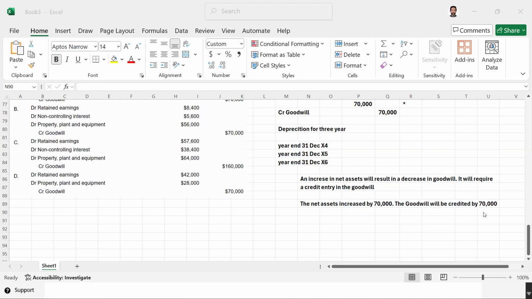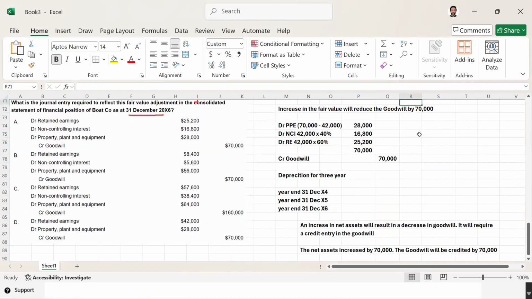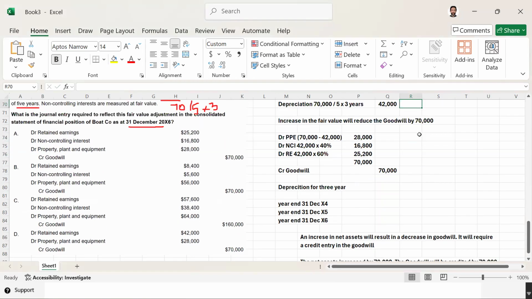Since we're not looking at the value at the end of 20x4, we're looking at the value at the end of 20x6. By the year 20x6, 3 years of depreciation has been charged, which means that the 3 years depreciation would be charged to the retained earnings and to the NCI in proportion of the holding.